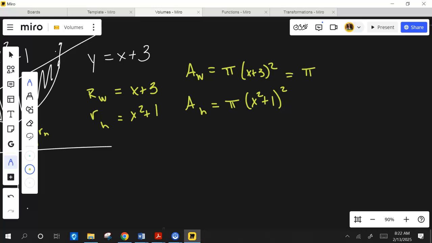This would be pi times x squared plus 6x plus 9. This would be pi times x to the 4th plus 2x squared plus 1.